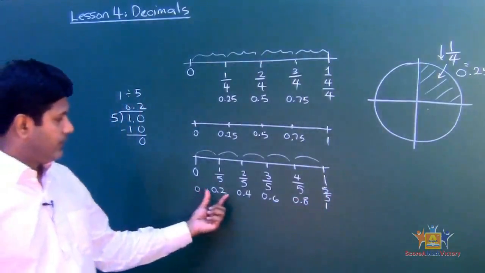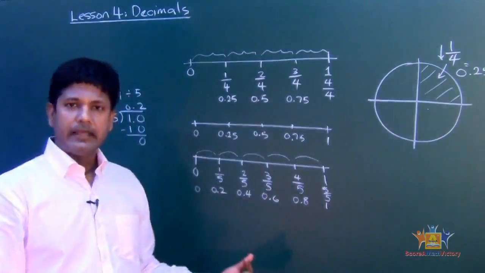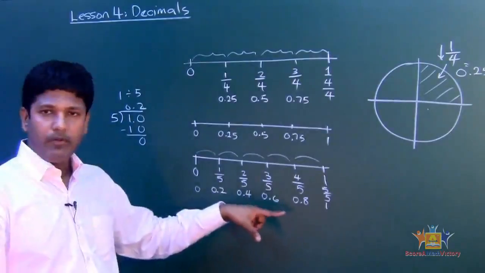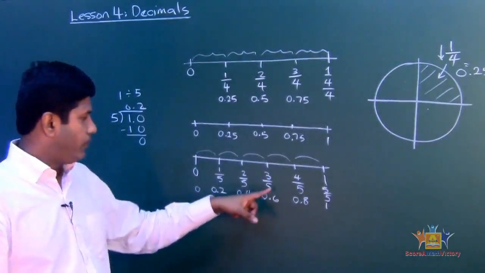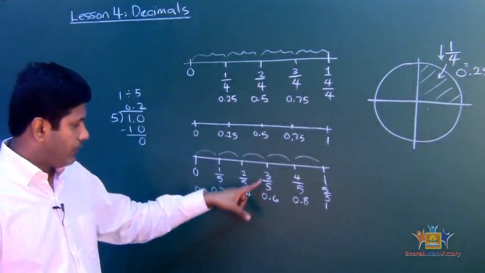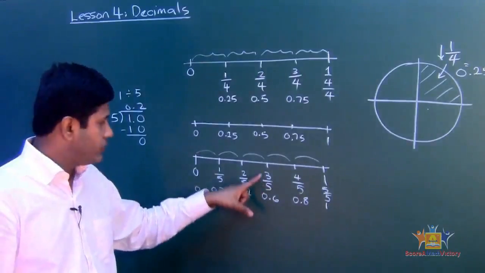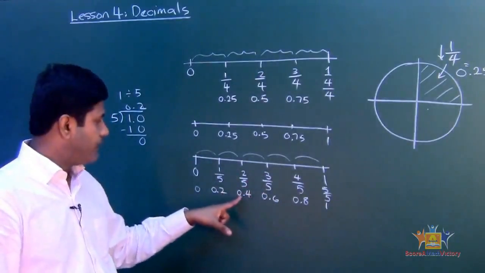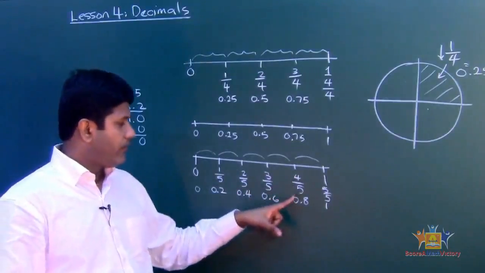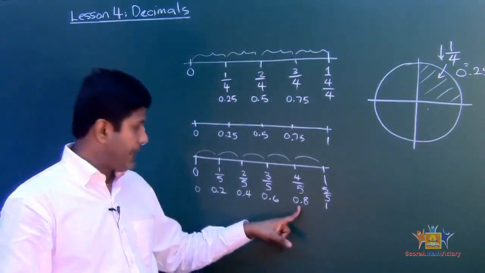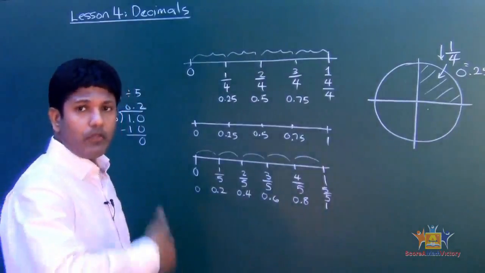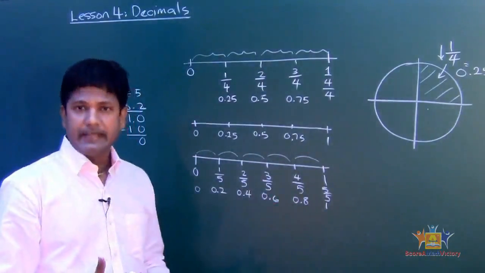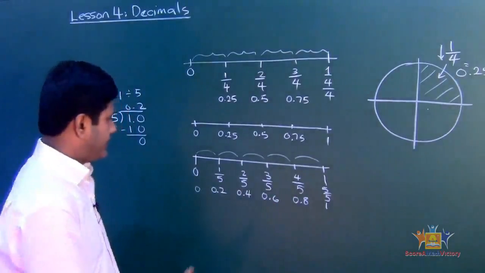See, we expressed it in the form of decimals. I said double, triple, and quadruple, but if you want to express the fraction as a decimal, you just divide. 3 divided by 5 gives you 0.6, 2 divided by 5 gives you 0.4, and 4 divided by 5 gives you 0.8. You should be able to do that. Keep in mind, this is how you do it.